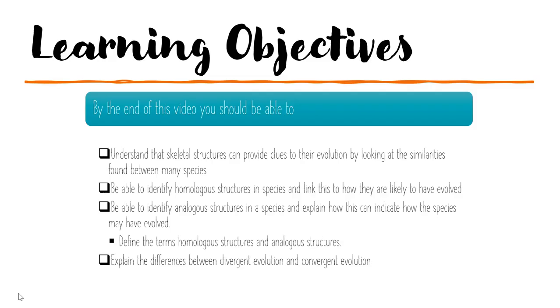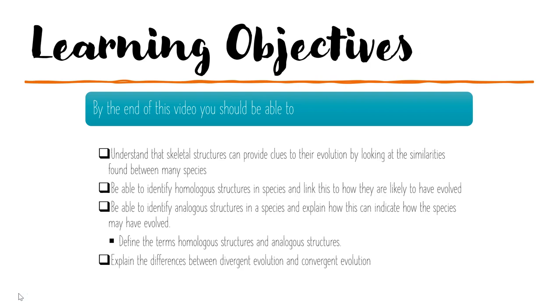So by the end of this, you should be able to link back the idea that skeletal structures can provide clues to the evolution of the organisms, looking at the similarities found between the different species. You should be able to identify homologous structures in species and link this to how they evolved.